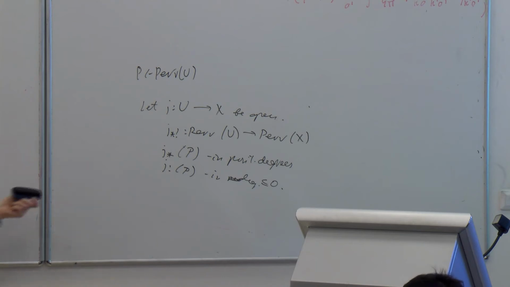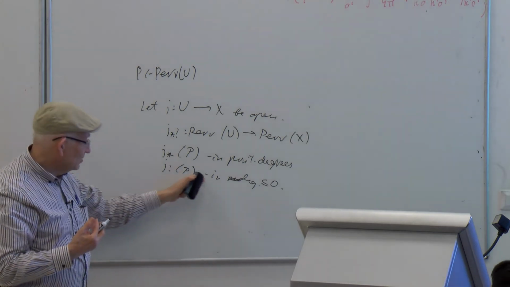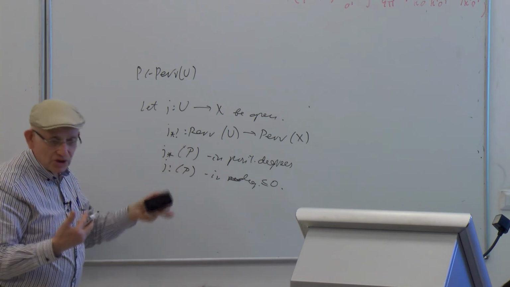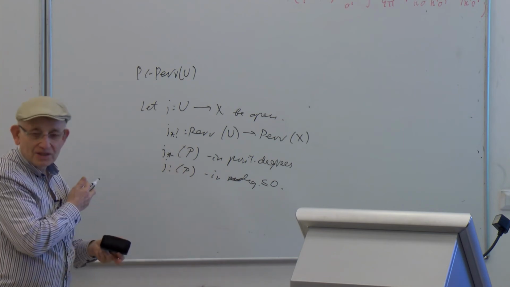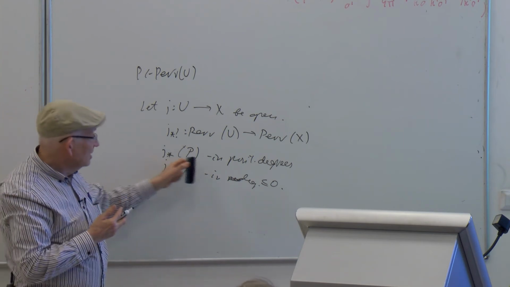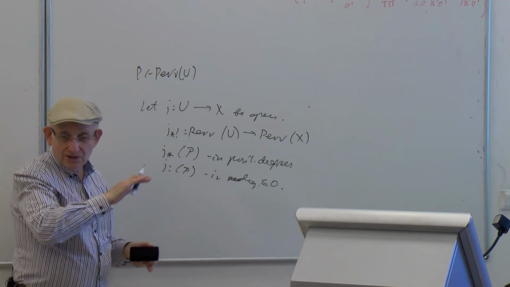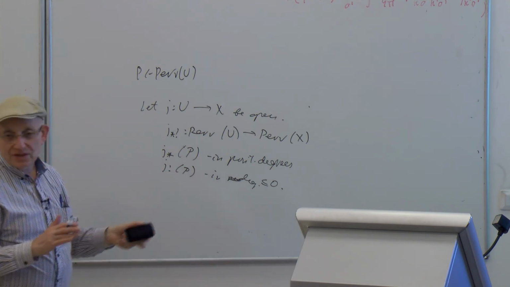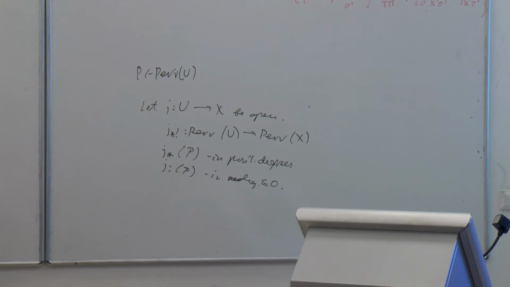In this case, here it differs from a perverse sheaf just by something in negative dimension, and this differs by something in positive dimension, so the image is well defined.